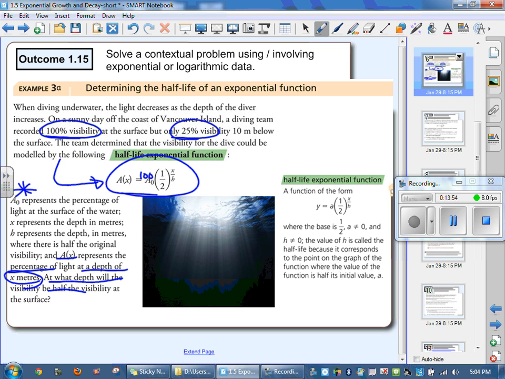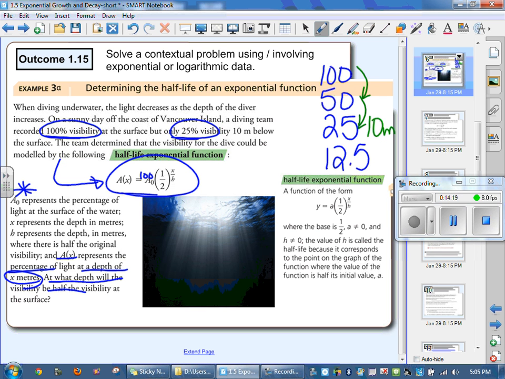If I take 100% and I cut it in half, I get 50%. I cut that in half again, I get 25%. I cut that in half again, I get 12.5%. Well, I know that at 25%, I'm 10 meters below the surface. So that means it's gone through halving twice. So something was halved twice.